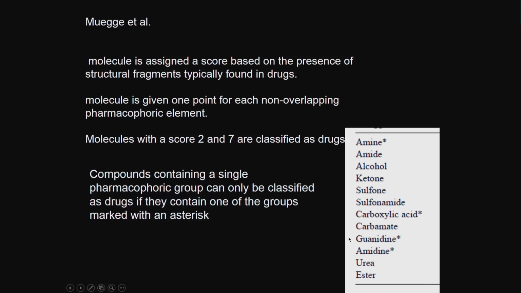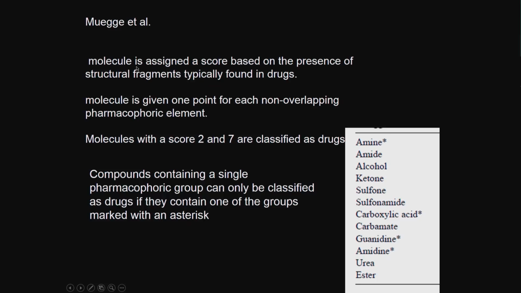So, look at your molecule and see how many of these groups are present. You give 1 mark for each of these non-overlapping, and if it falls between 2 and 7, then you classify it as a drug. And even if only 1 is present, compounds containing a single feature of carboxylic acid or amine, then you can classify it as a drug, okay. So, how did they do it?